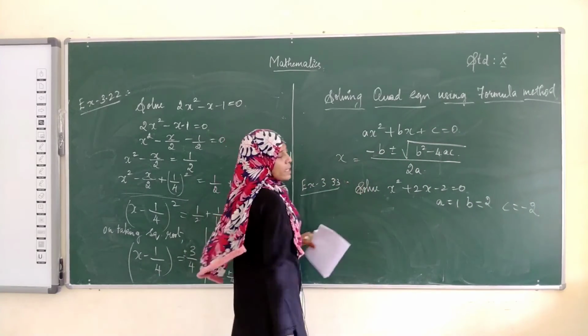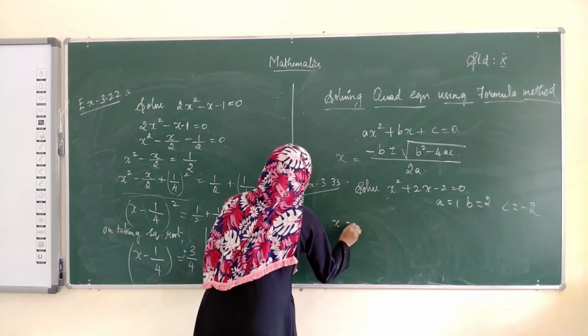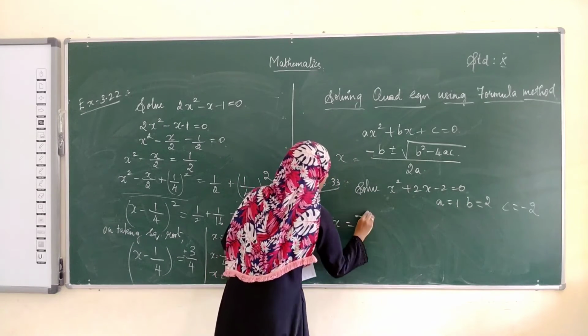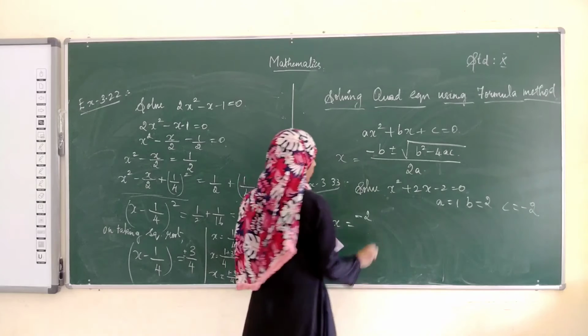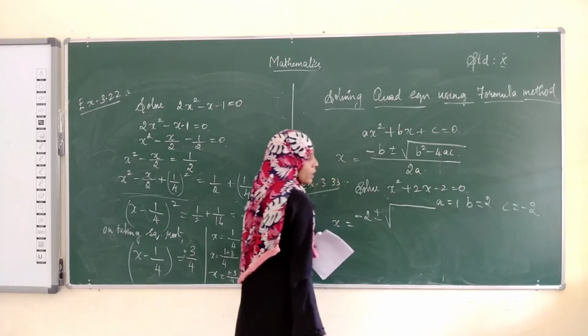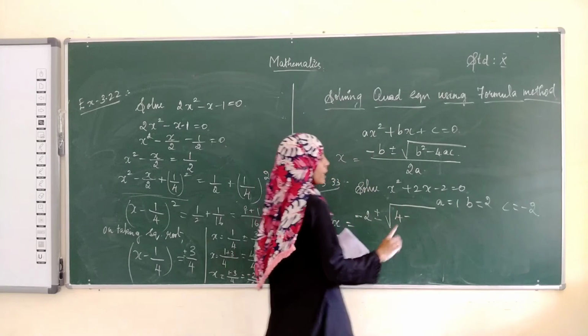What's the formula? x is equal to minus b plus or minus root of b square minus 4ac divided by 2a. So substitute the values: minus b, plus or minus root of b square, 2 square is 4, minus 4 into a into c.